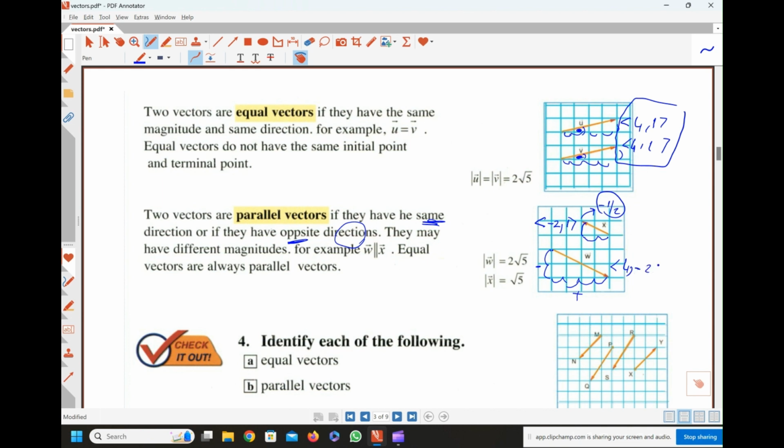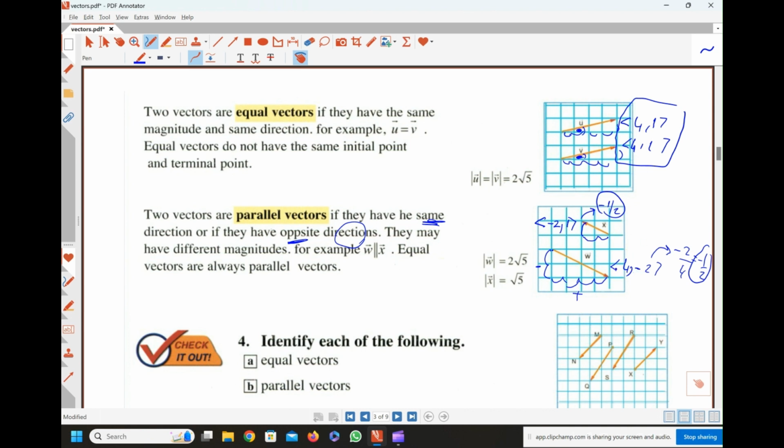So negative 2. Again, we are talking about direction. Direction means angle, and angle means the trigonometric ratio, which means tangent. Tangent of this angle is opposite over adjacent. The opposite is the vertical change, negative 2. Adjacent is the horizontal change, 4. Simplify it, and it is negative 1 over 2. So same ratio. Whenever you have the same ratio, the vectors are parallel.